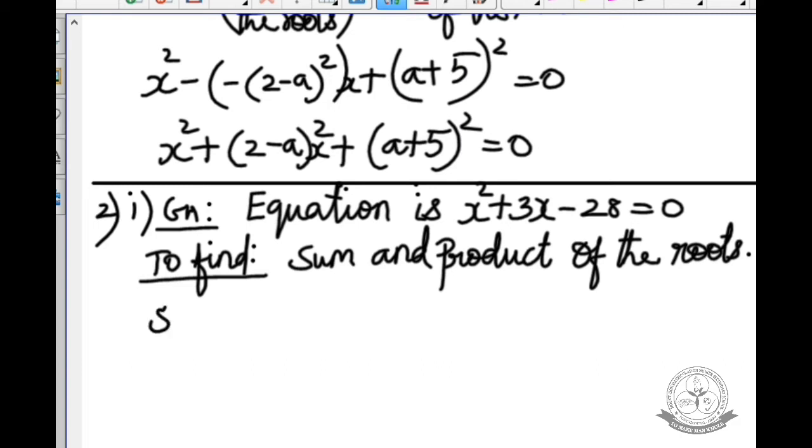So we take the given equation, x squared plus 3x minus 28 equal to 0.